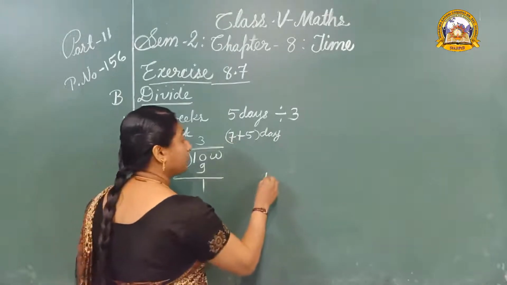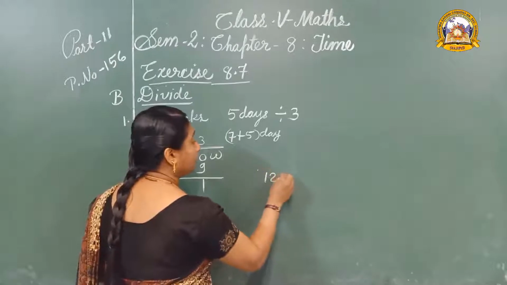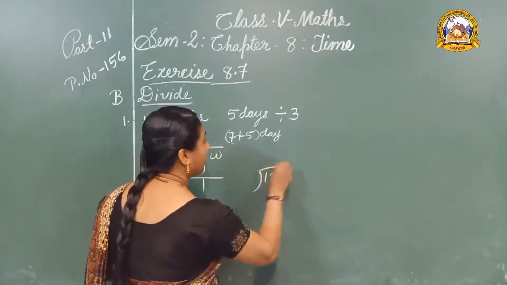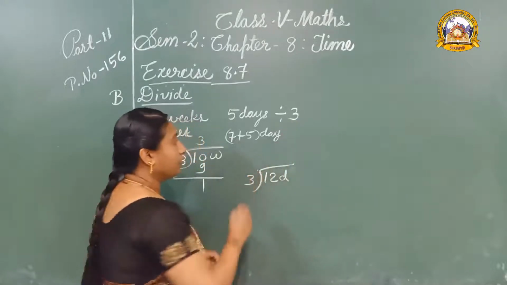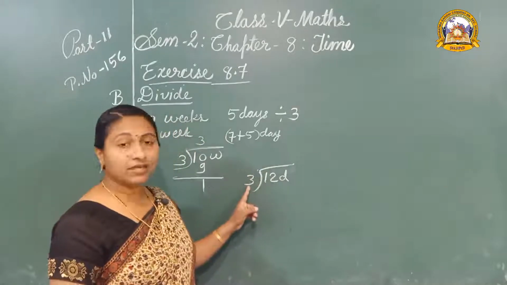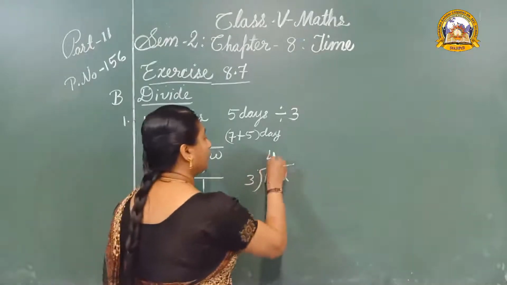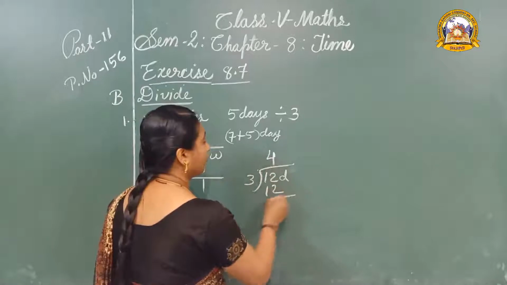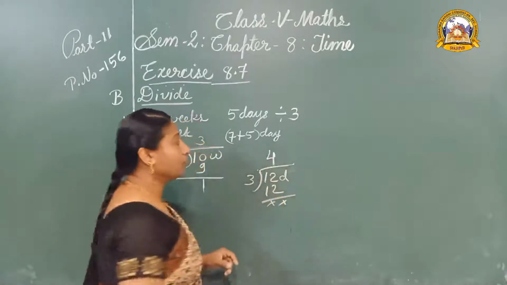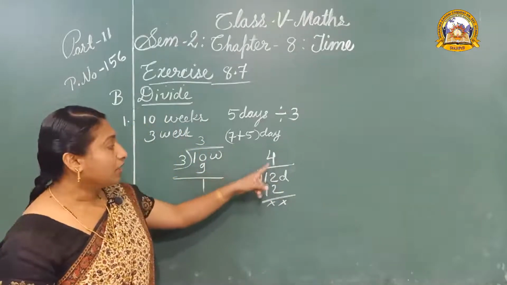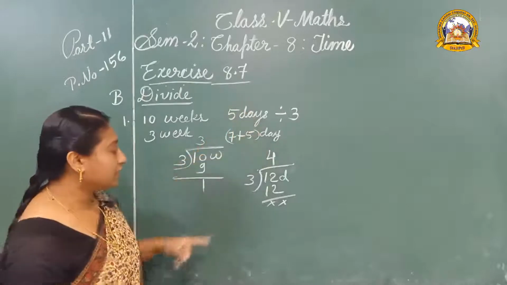Okay, 12 days divide by 3. In 12, how many 3s are there? 4. Okay, 4 3s are 12. There is no remainder. So answer 4 days.